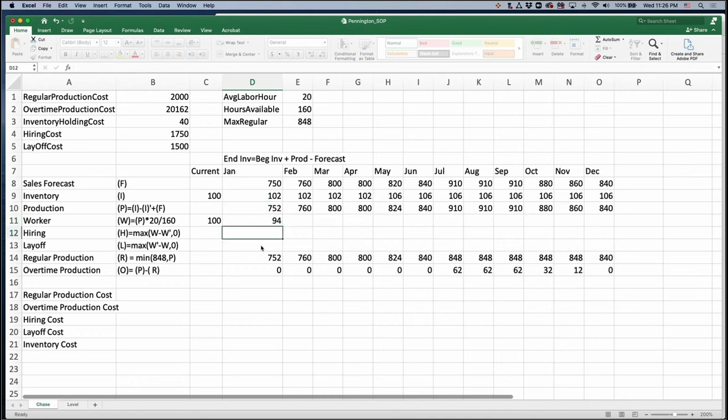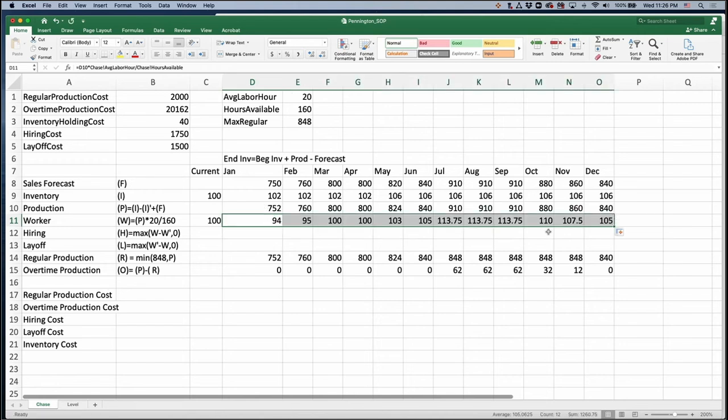To produce 752, you need 94 people, right? Even if you have a decimal point, that's fine. This is an approximate number. Don't worry about that.